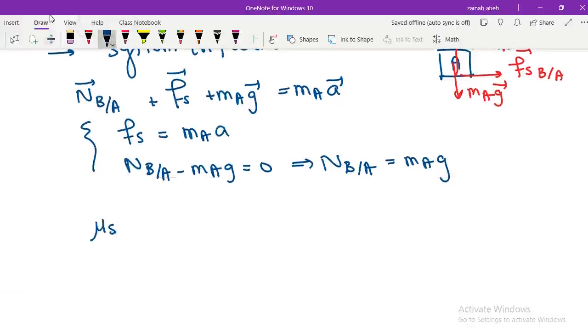Mu S is equal to Fs over N, which equals MAA over MAG.